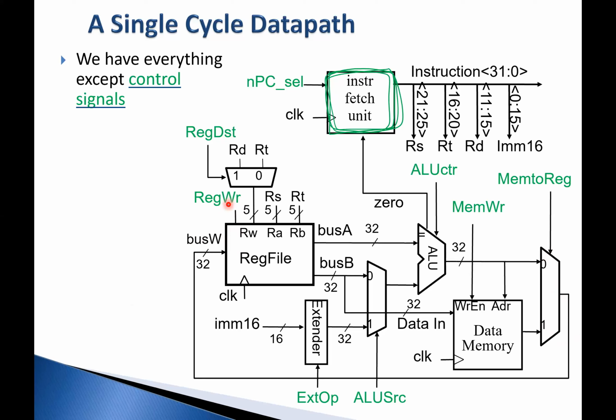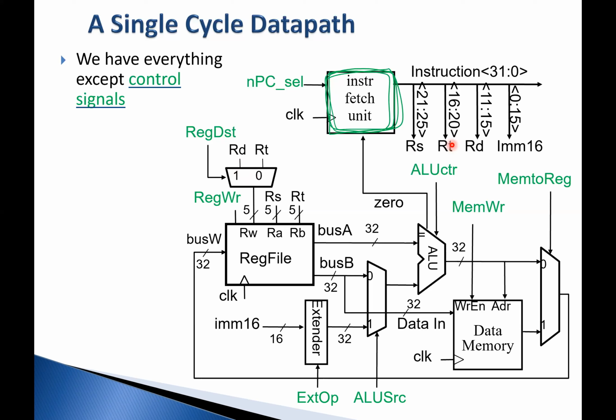So by turning it off, you don't really need to care. So you will see what to do with it. Don't care. Okay. But if you need to write into the register, then you need to turn it on by setting it to 1, and then now decide which channel to write into. Am I writing to RD or writing to RT?